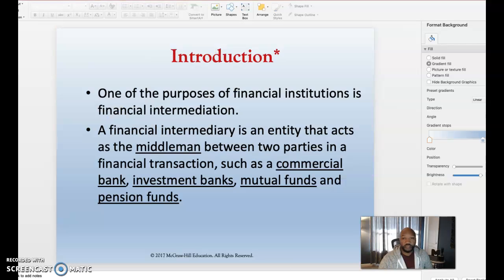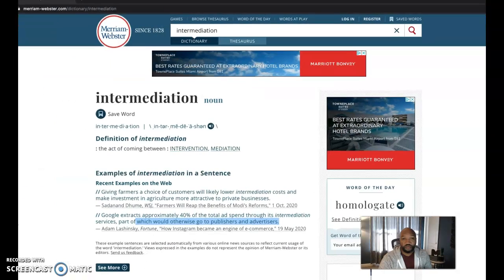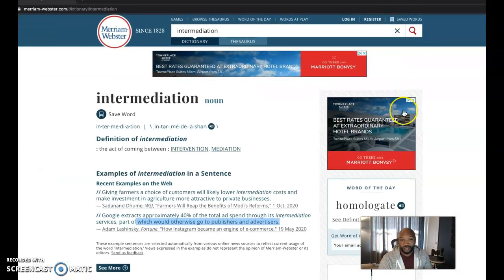So, what is financial intermediation, or a financial intermediary? And this is your first test question. If you look at the second bullet, a financial intermediary is an entity that acts as the middleman between two parties in a financial transaction. It's pretty simple. The definition of the word intermediation is the act of coming between, so you sit between two people.